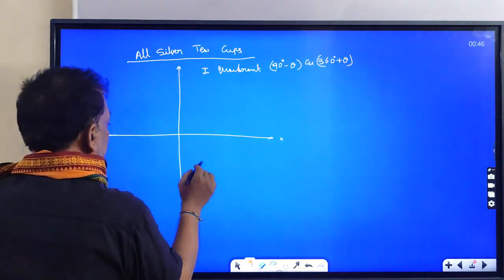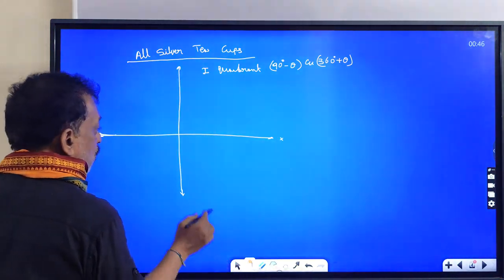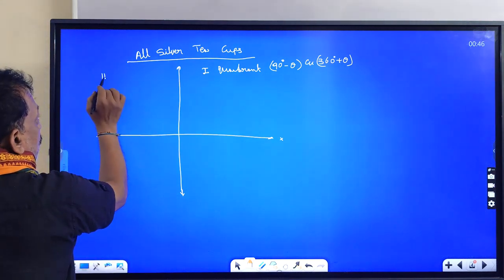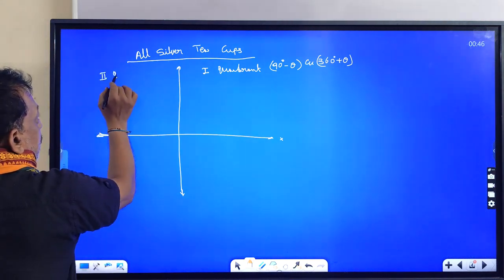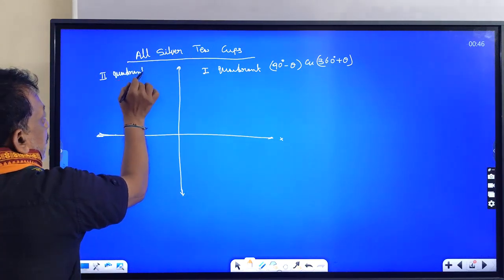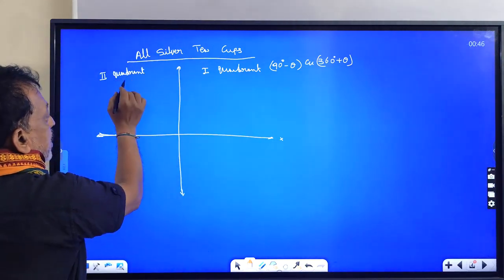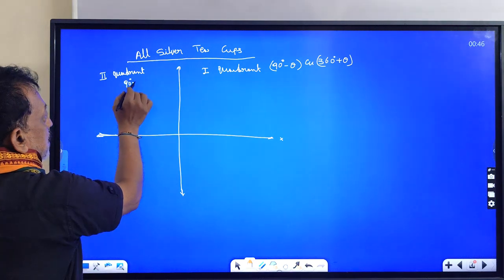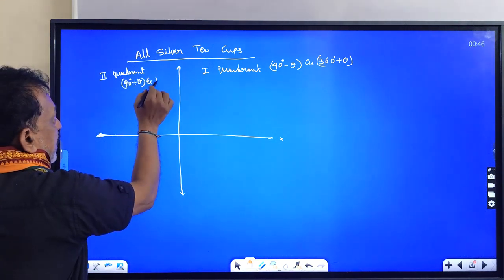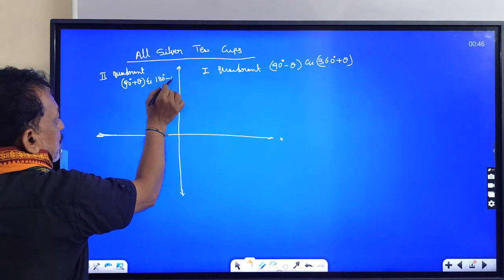The second quadrant is 90 plus theta and 180 minus theta.